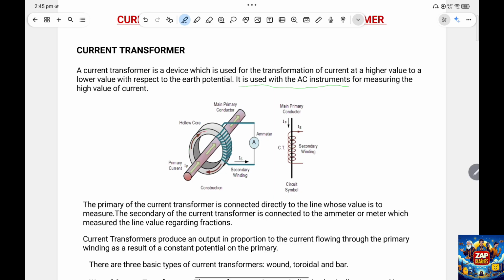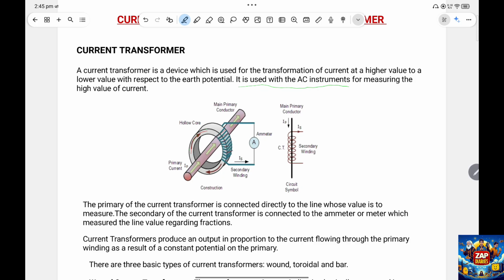You pass your main conductor through it. Your main conductor will have voltage up to like 220 volts or current up to, say, 16 ampere, 32 ampere, even more. And on this hollow core, there is a winding.